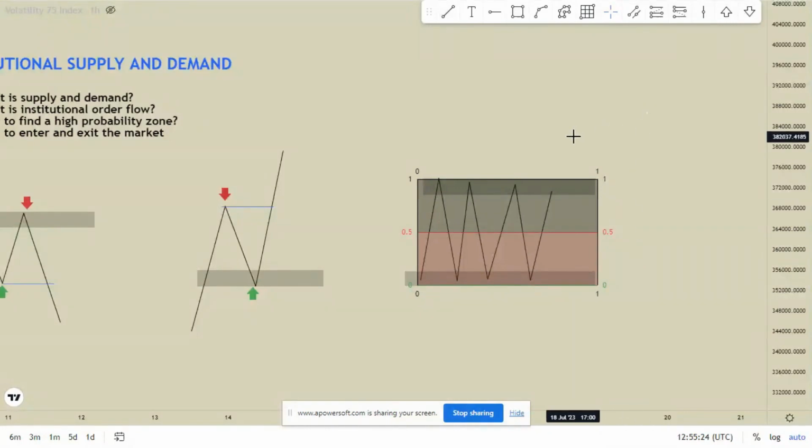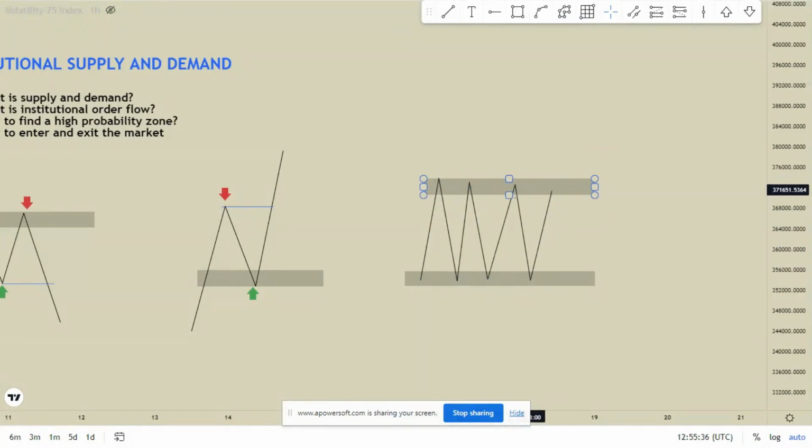Now when we look at this zone here, let me delete one here, our supply zone up here. People are selling here. There are many sell orders here. We are looking at retailers. There are many of us who are selling in this zone because whenever the market reaches here, they are selling.